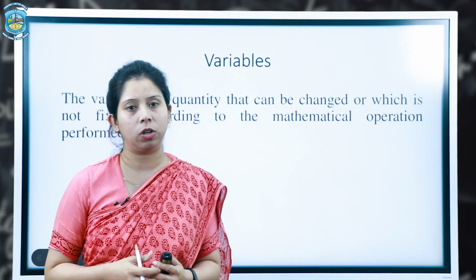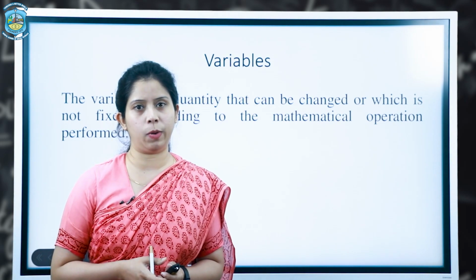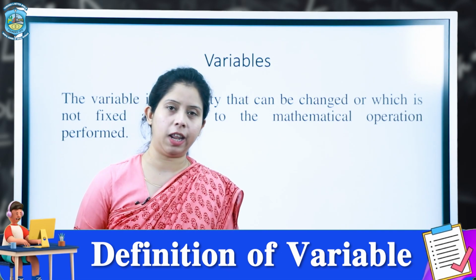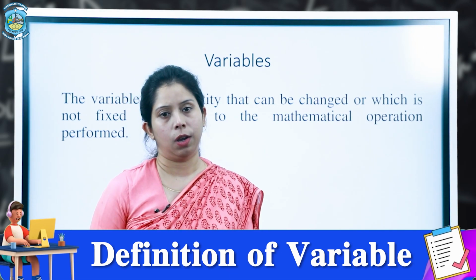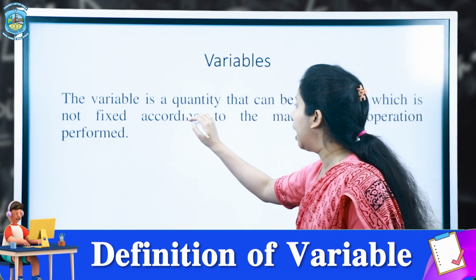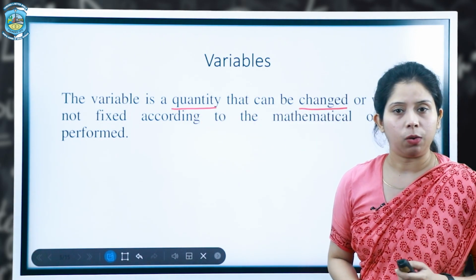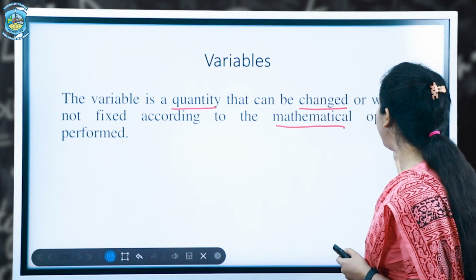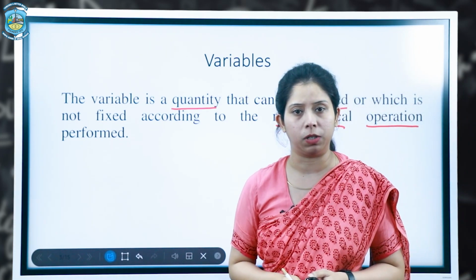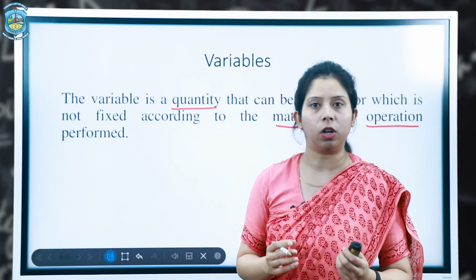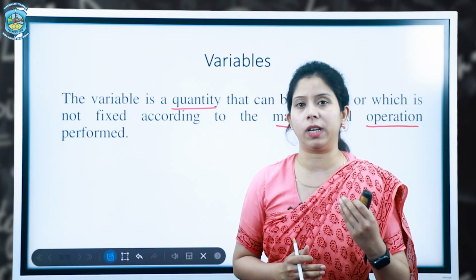Now, before moving on to the definition of differential equations, first let us understand the definition of variables and equations. Variables are the quantities which can be changed or whose value is not fixed according to the mathematical operation that is performed. That means it keeps changing with time.